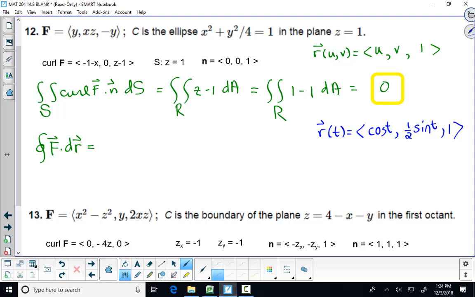Question. How come over there you did 1/2, but over here you did 2? Oh, good question. Let's see. Did I do it right here? No. This should be 1/2 and this should be 1/3, because when we solve for cosine here, cosine of t is going to be 2x and sine of t is going to be 3y.